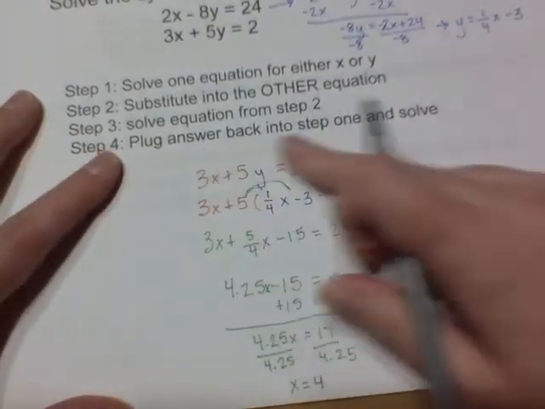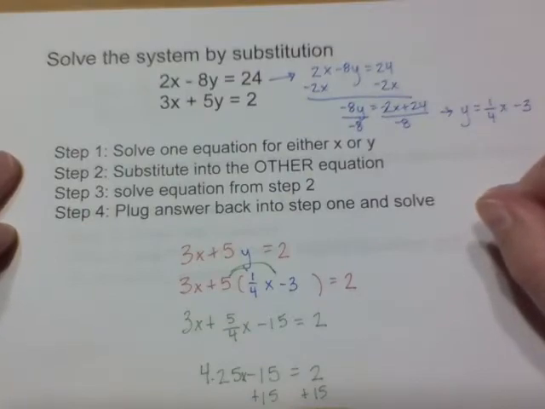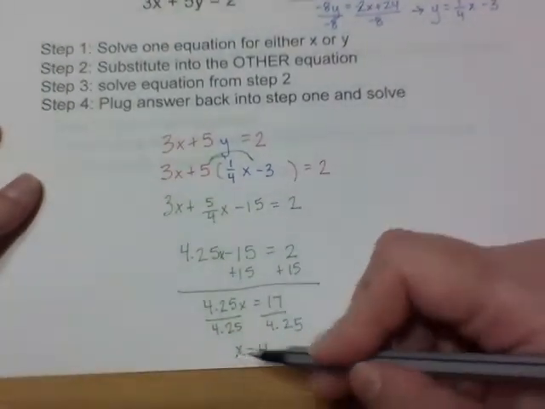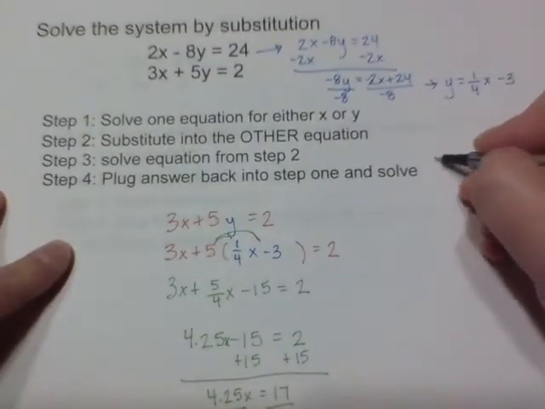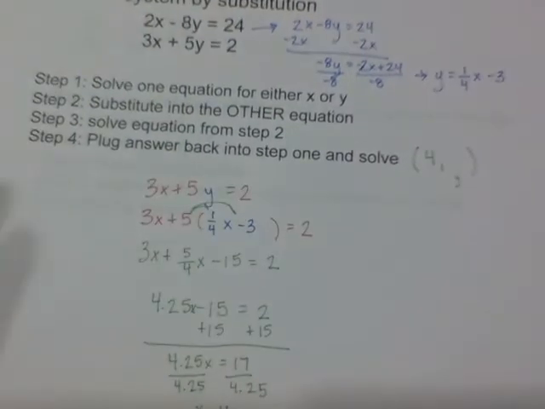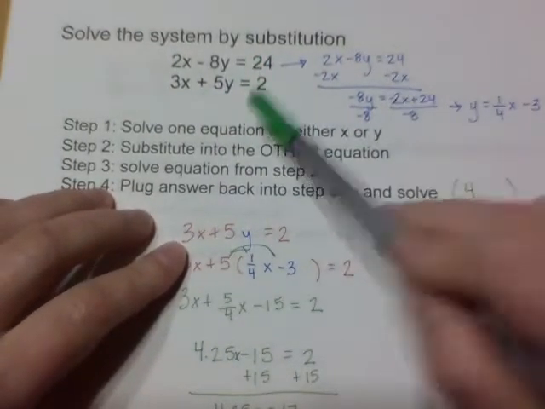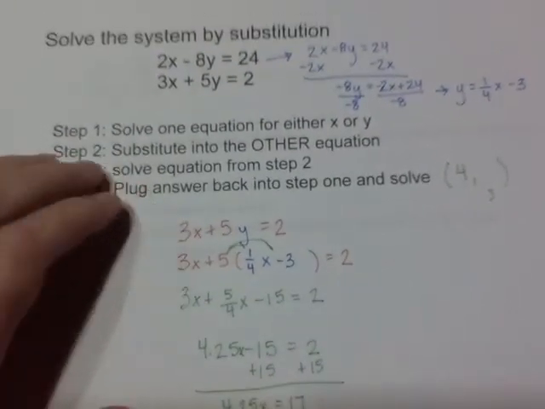And so remember that we were trying to solve to get this solution, which was just a coordinate, and right now we have 4. But now we need our y value, and in order to get our y value, we have to plug the answer back into step 1, so into one of these equations, and solve in order to get our y.